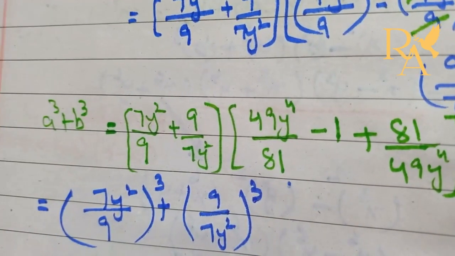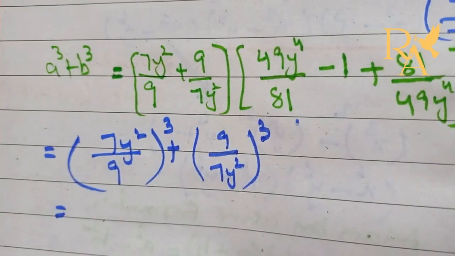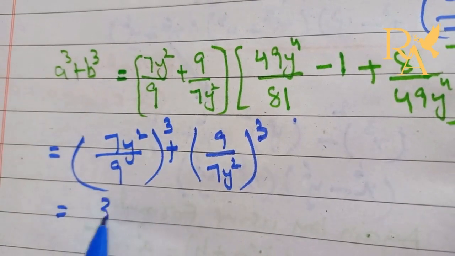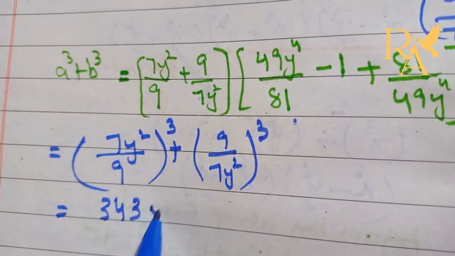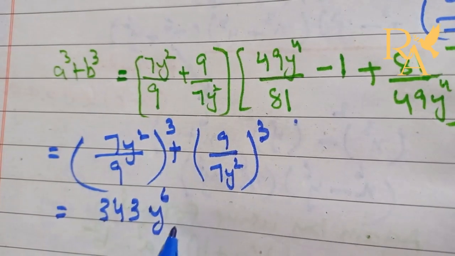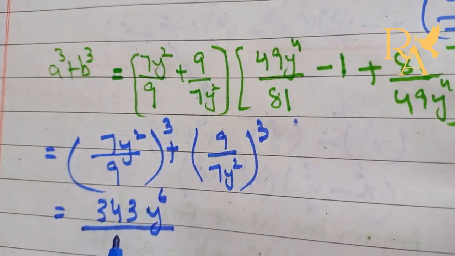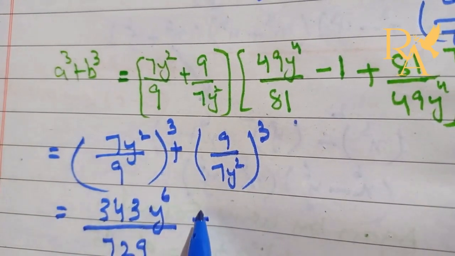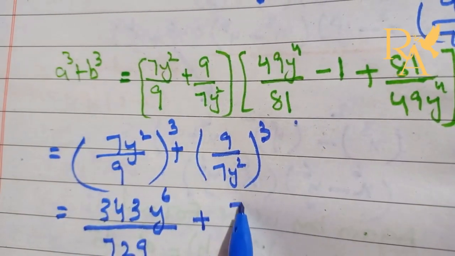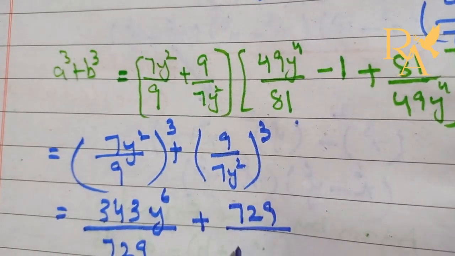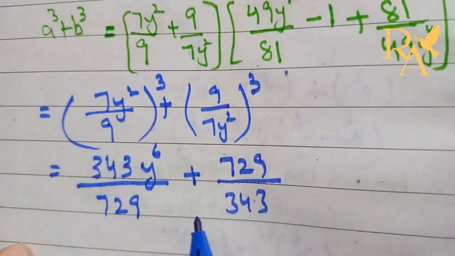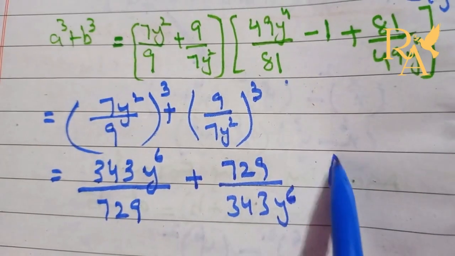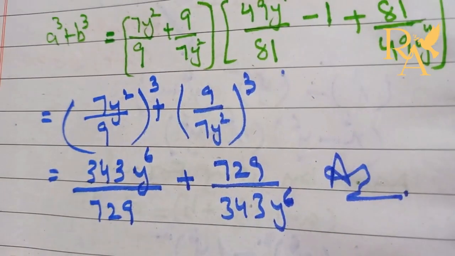When we solve this, 7 times 7 is 49, 49 times 7 is 343, y to the power 3 times 2 is 6, over 9 times 9 is 81, 81 times 9 is 729, plus again 729 upon 343y⁶. This is the answer of the given question.